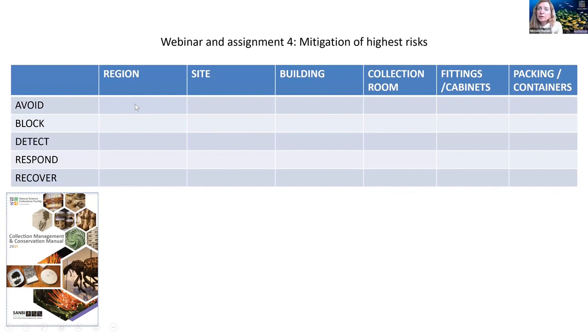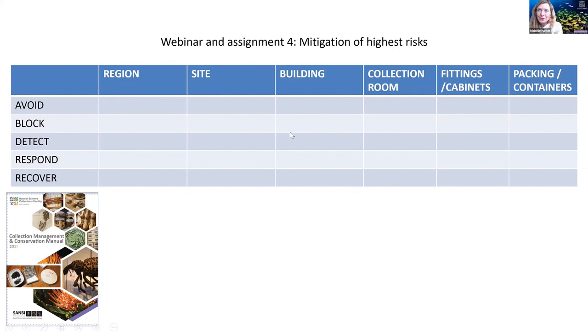What that exercise asked you to do was to pick out your top risks, if there's catastrophic, if there's extreme, if there's high risks, pick those out, and then look at whether you can avoid them, whether you can block them, whether you can detect them and monitor them, and whether you can respond. And recover was really if that risk has happened, so we're not that interested in that at the moment. And you need to look at it at different levels: the level of a region, site, building, and those may be outside of your control.